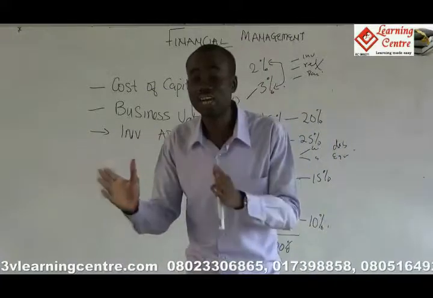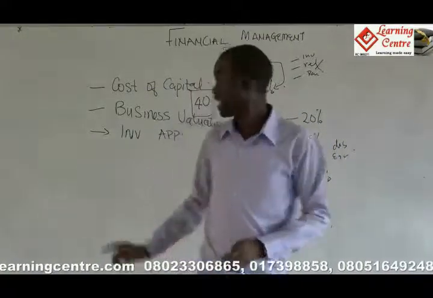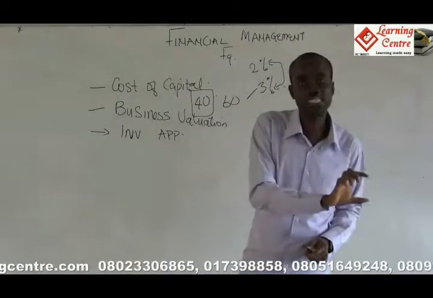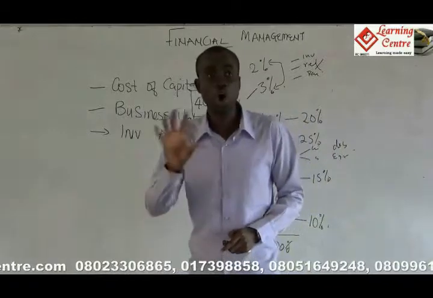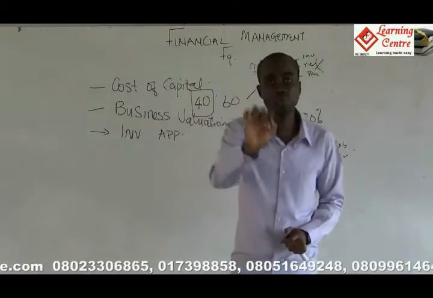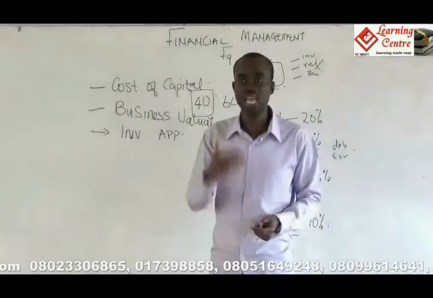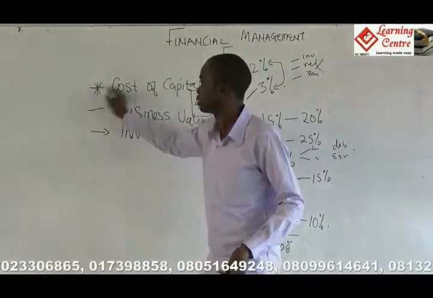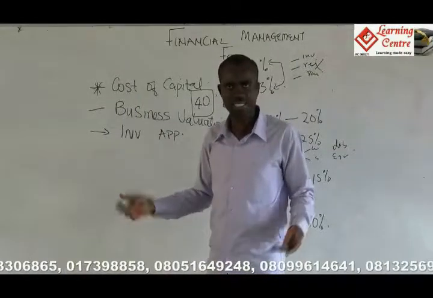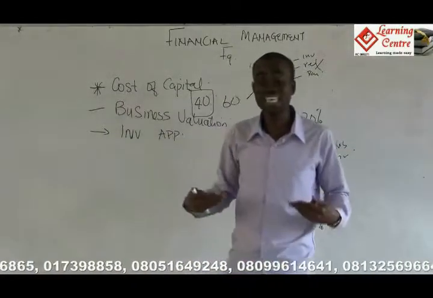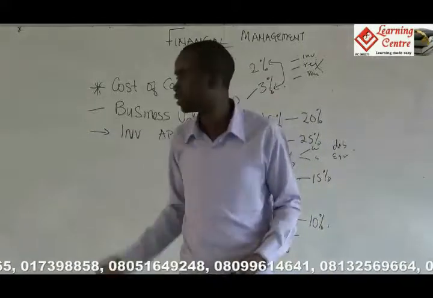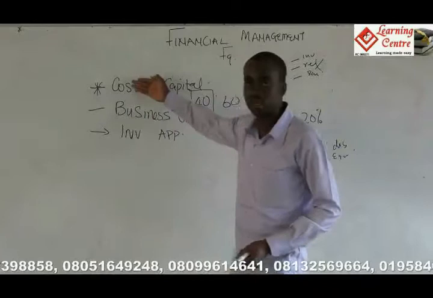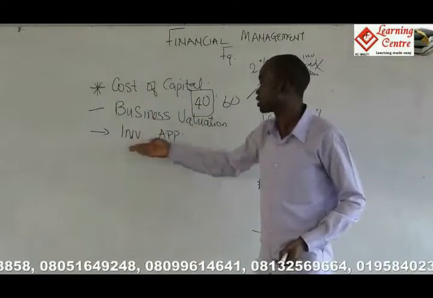Because in appraising investment, we have two techniques: the non-discounting and the discounting. Under the discounting, you need something to discount your cash flow. And what is the thing you need to discount? Your cost of capital. I hope you can see the reason why I'm saying that this cost of capital is the heartbeat of this paper F9. Alright, so I'm saying your cost of capital, your business valuation, your investment appraisal.